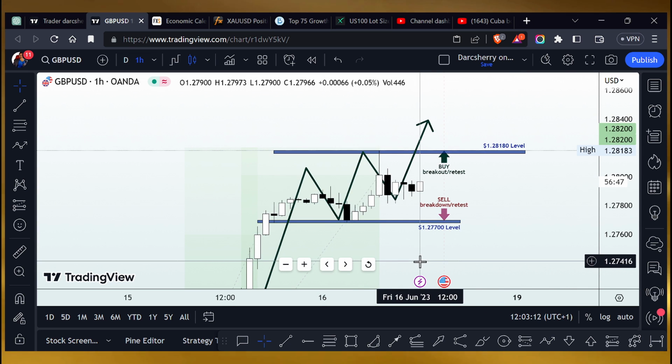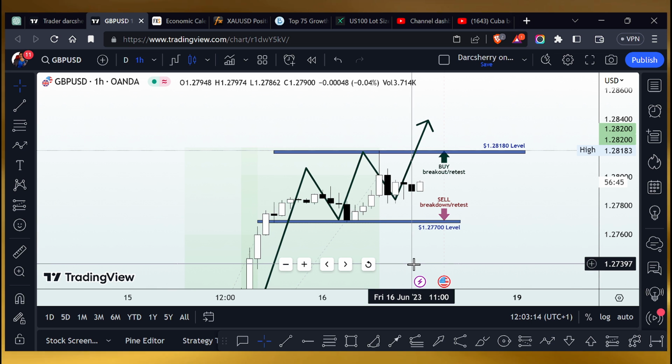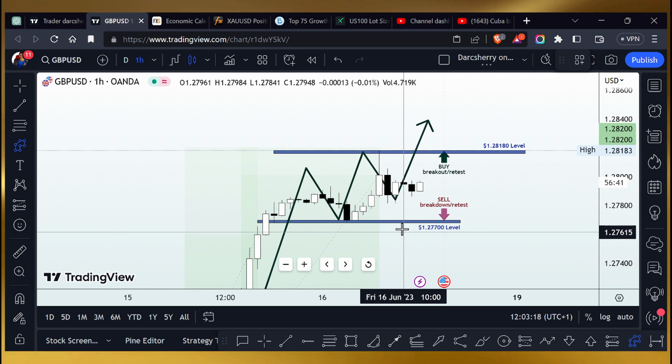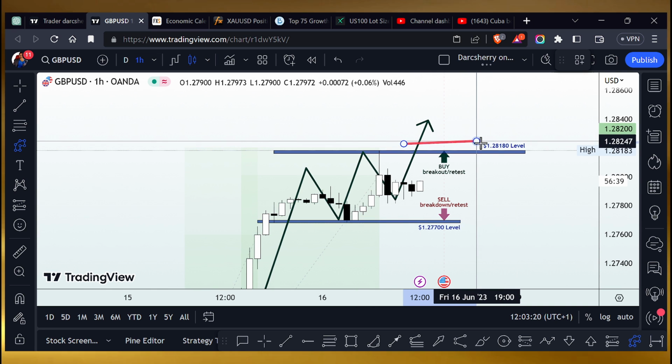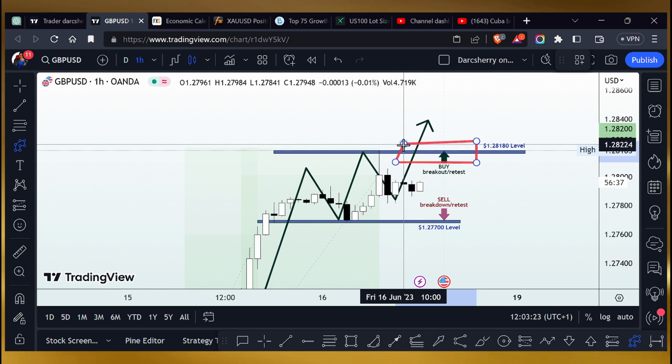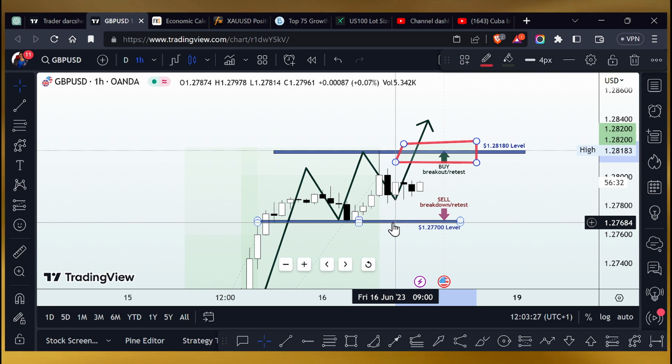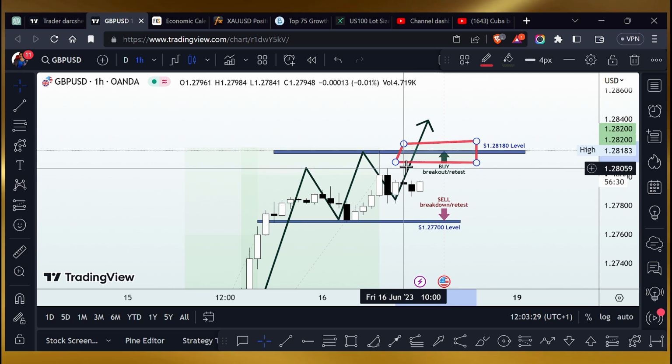And considering the fact that we have been profitable so far this week, we could still afford to leverage on the profit we have made so far this week to test waters around the 1.28180 level to see if we are going to be having another wave of bullish momentum from that area.